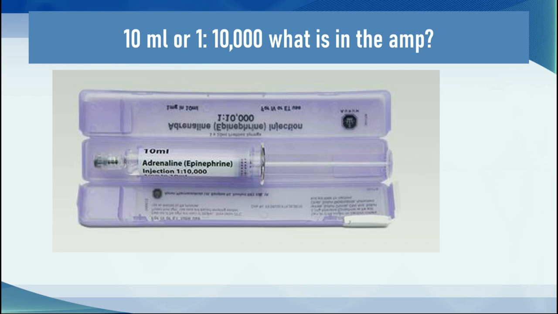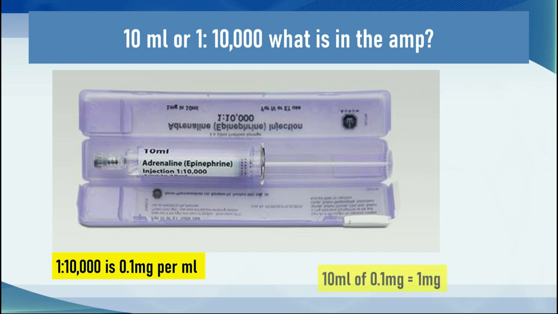So what is in this amp? 1 in 10,000 is 0.1 milligram per mil. The syringe contains 10 mils. 10 mils of 0.1 milligram is 1 milligram. A lot of the preparations of epinephrine contain 1 milligram. The most common one that you'll see is a single 1 ml ampule that contains 1 milligram, 1 in 1,000.